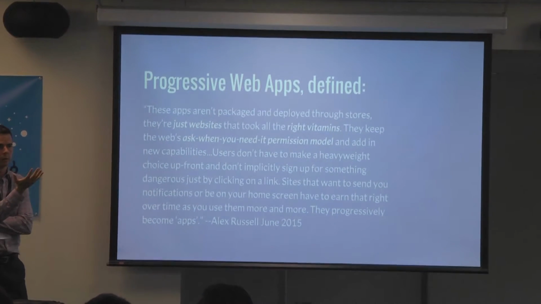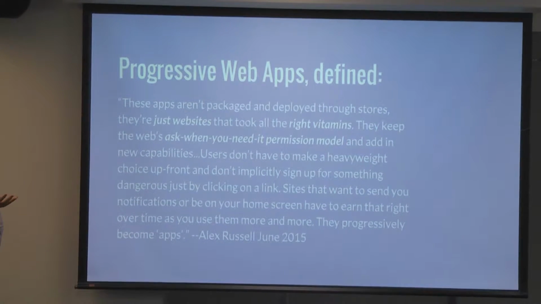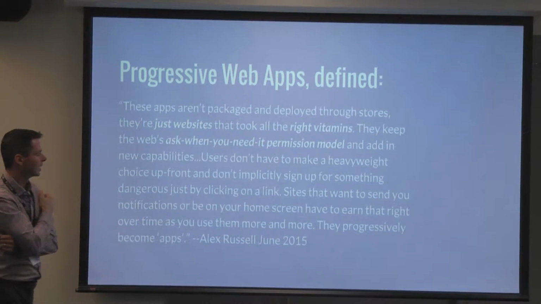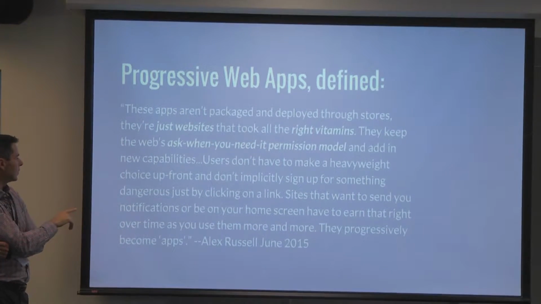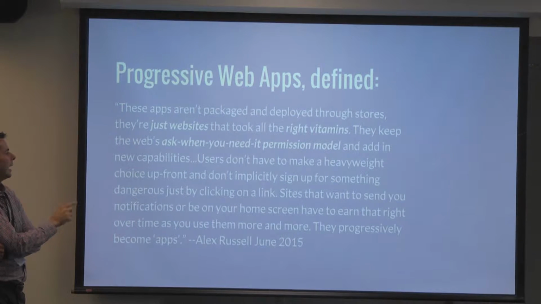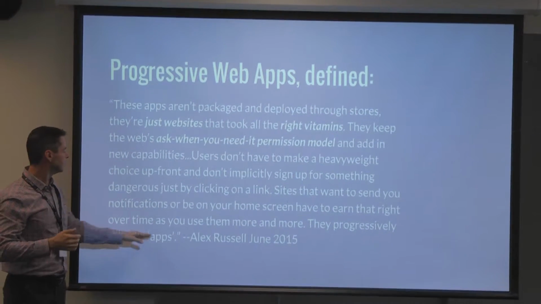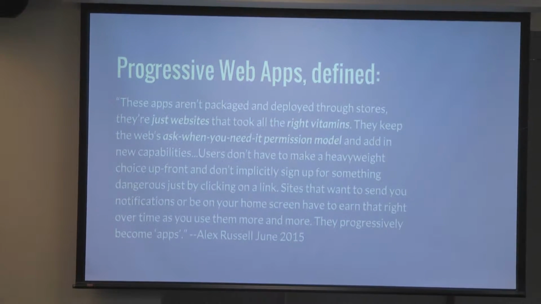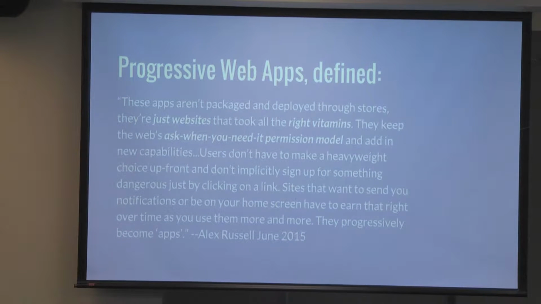It's unique anywhere in the world in terms of how every time you go to Gmail, it's a different application that you're running. But you don't think about it in those terms, except for when it breaks, that one time when you need it. Sites that want to send you notifications or be on your home screen have to earn the right over time as you use them more and more. They progressively become apps. This is what he's saying. This is his concept.